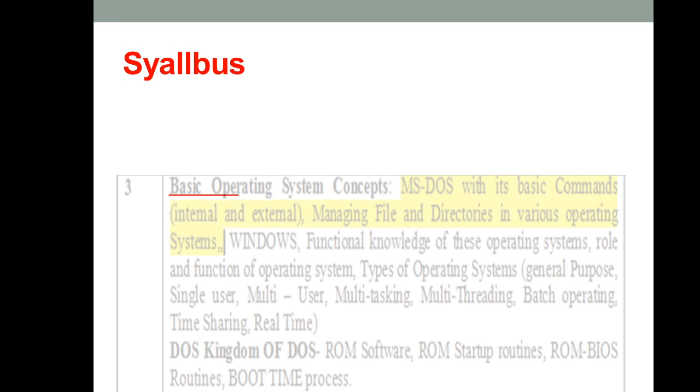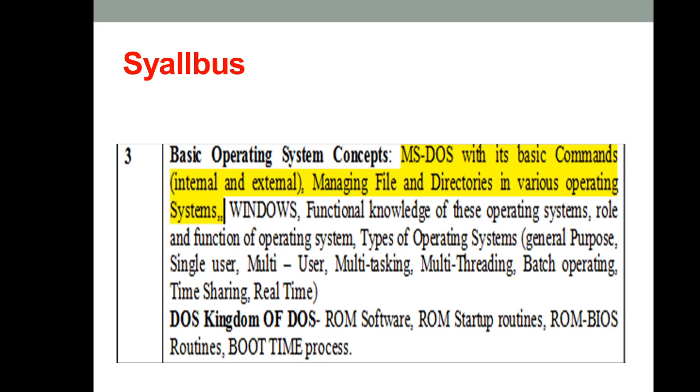This is your syllabus, and in unit number 3, MS-DOS is mentioned with its basic commands, like internal commands and external commands. But these will all be discussed in the practical session. I'll tell you in the practical session how to use these internal and external commands in MS-DOS.